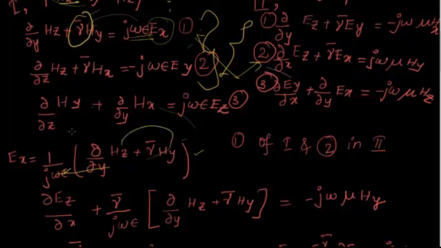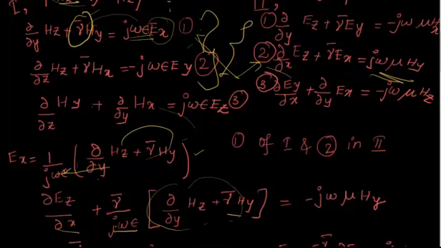Then you get dou by dou x of Ez plus gamma bar into Ex. So for Ex we substitute the above equation, that is 1 by J omega epsilon dou by dou y Hz plus gamma bar into Hy. That is, as usual, equal to minus J omega mu Hy.